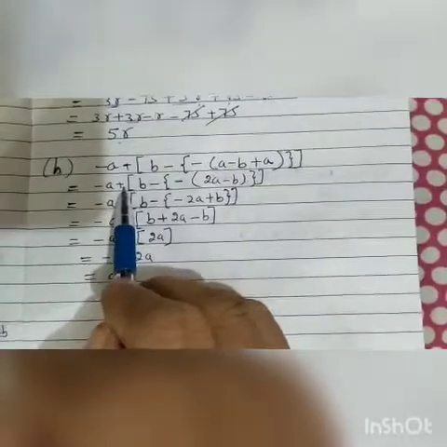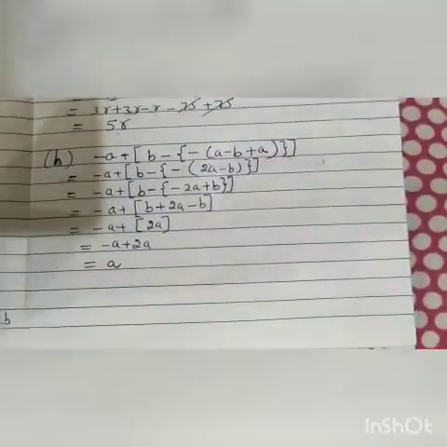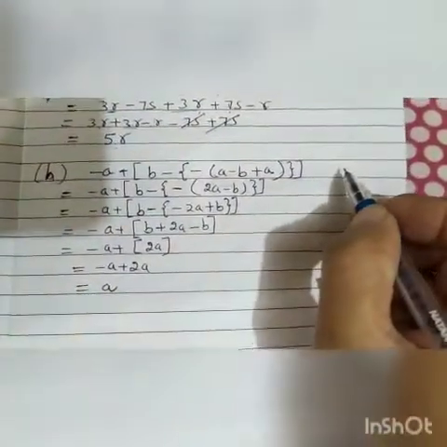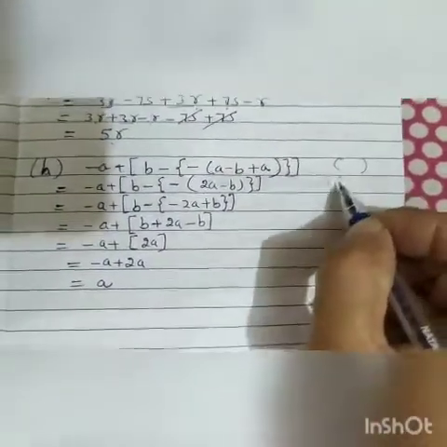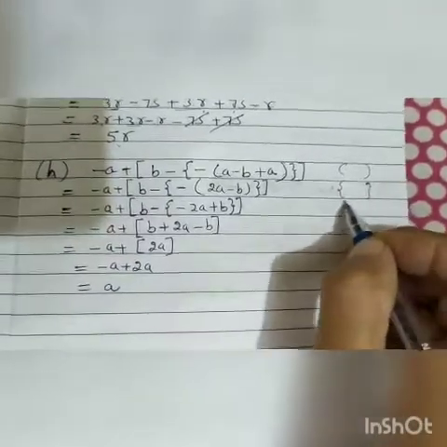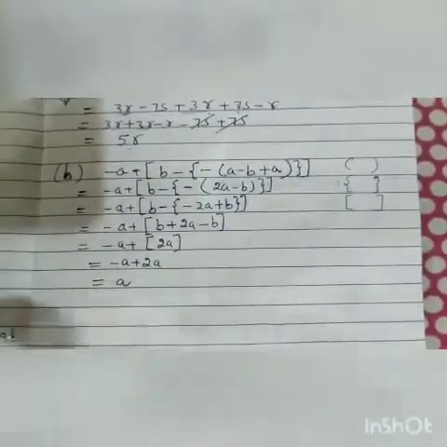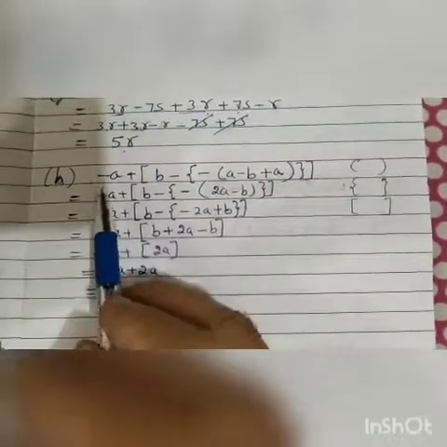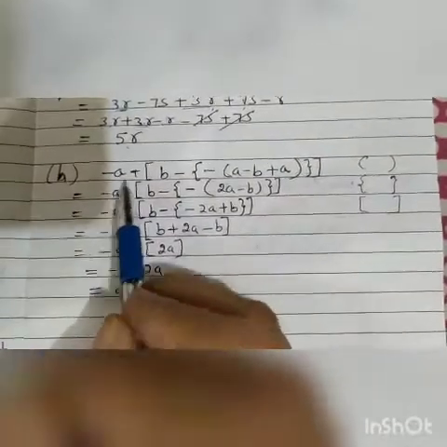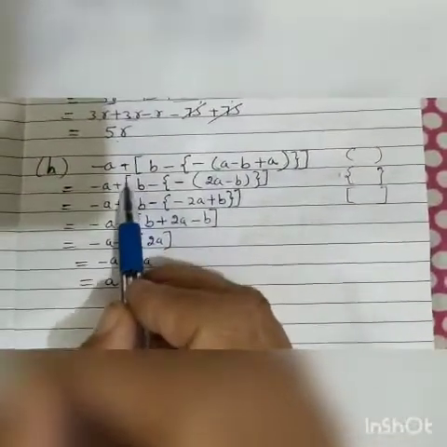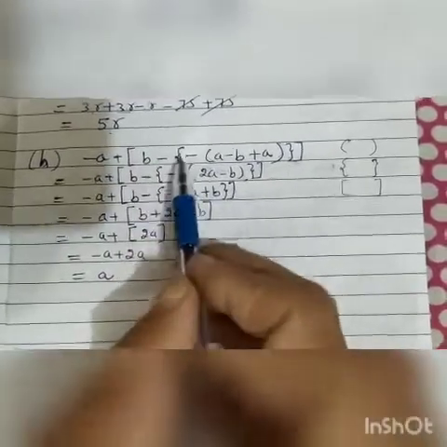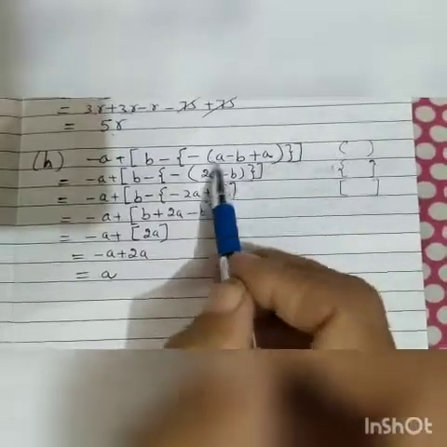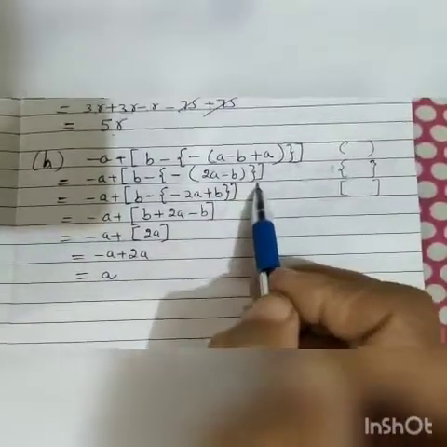Students, when there are all three brackets in a single question, first of all we will solve this round bracket, then this flower bracket, and in the last we will solve this rectangle bracket.